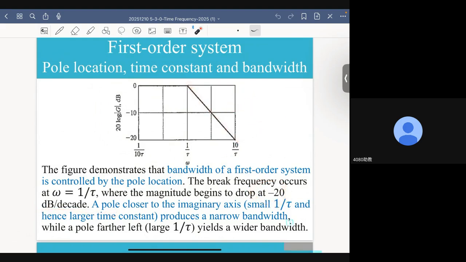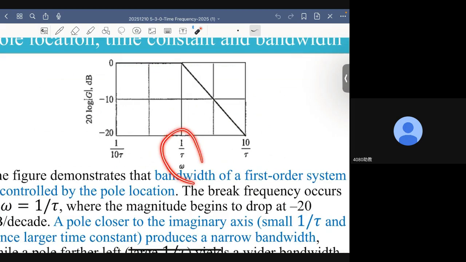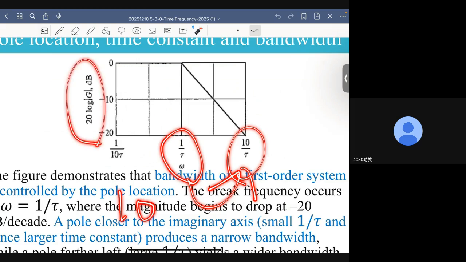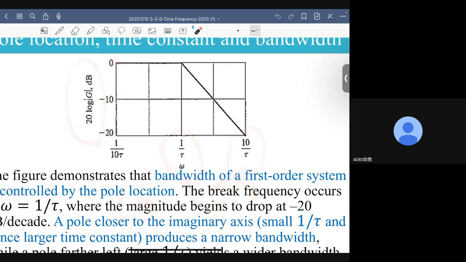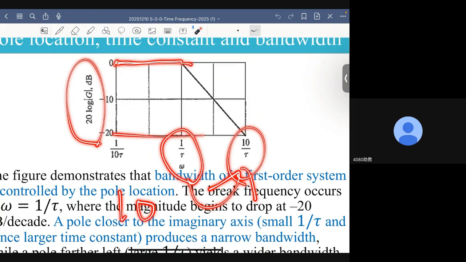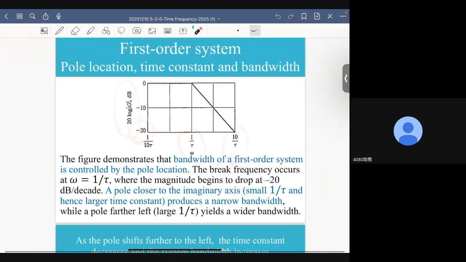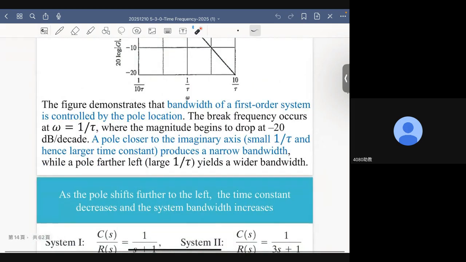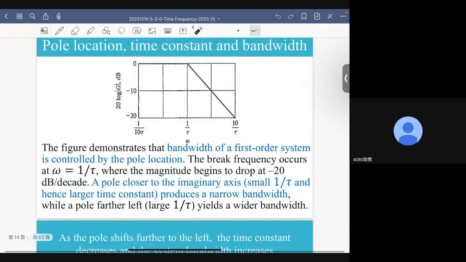Which means that whenever the frequency increases by a factor of 10, the decibel value drops 20 dB. Now what does it tell us?